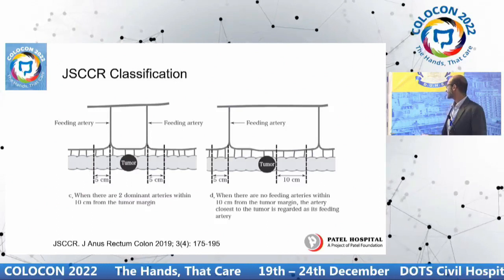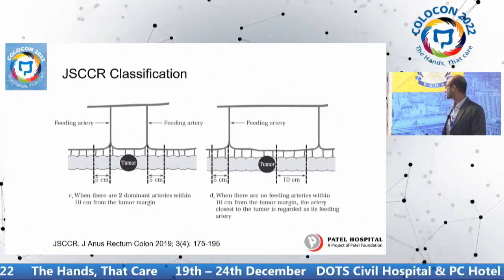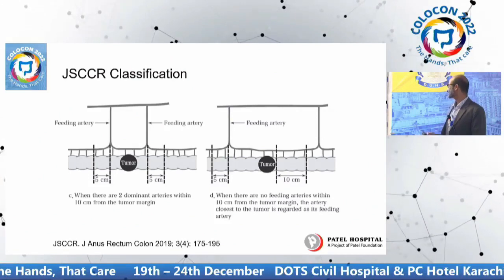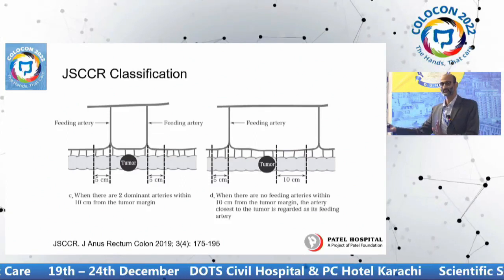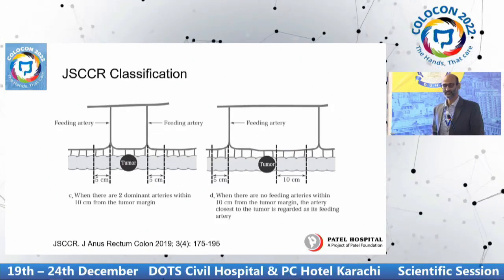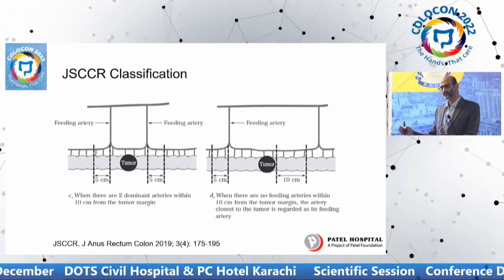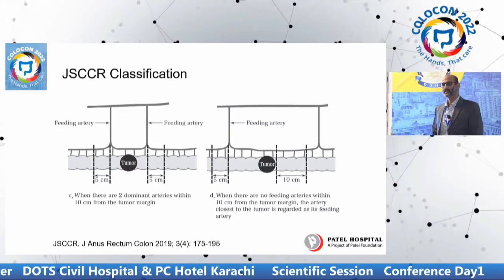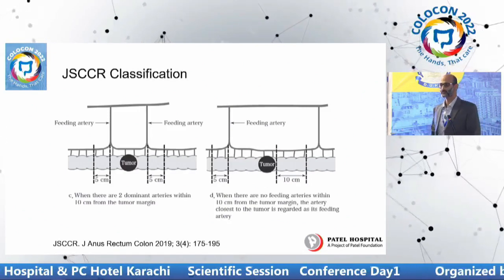And if there are two dominant arteries, then 5 centimeters to each side of the arteries. And if there are no feeding arteries, then the artery closest to the tumor is taken as the vessel. It doesn't matter much for the longitudinal extent, but it does define which vessel we're going to target if we're going for central nodal dissection.